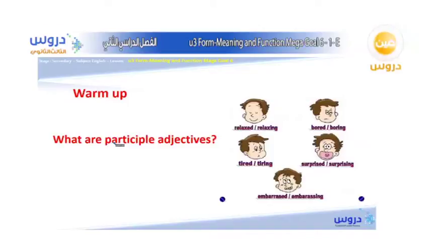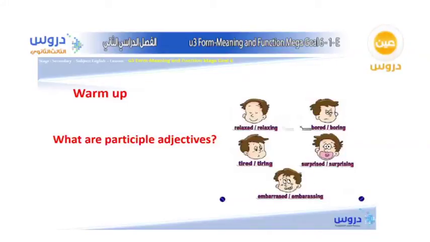So, what are participle adjectives? Think about the word participle adjectives. Here we have some examples: relaxed, relaxing, bored, boring, tired, tiring, surprised, surprising, embarrassed, embarrassing.